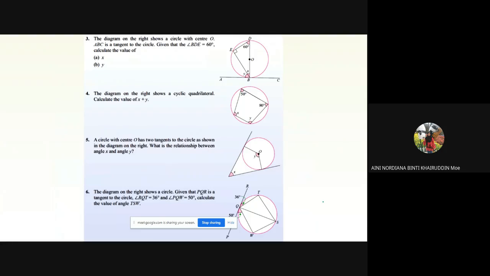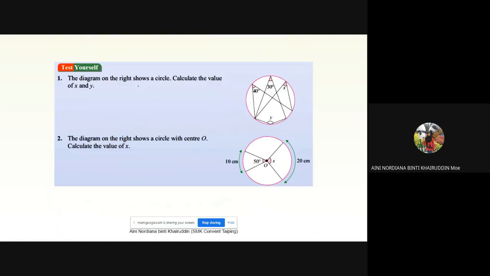So total 8 questions. No need to draw. Just write the answer. The Dynamic Challenge questions are easy. This is what you learned at the beginning. So X here is equal to 40 because it came from the same arc. So angle X is 40.